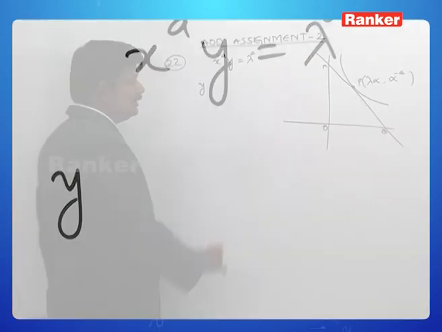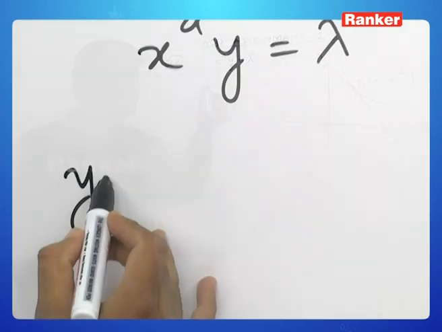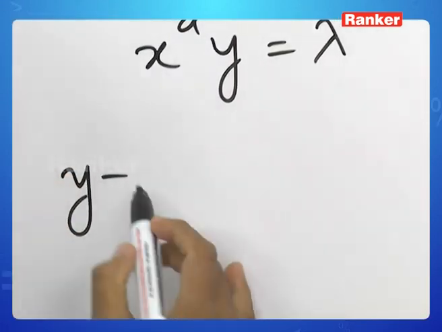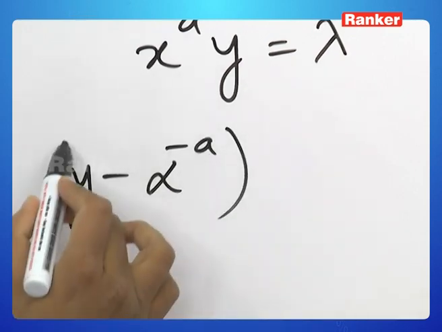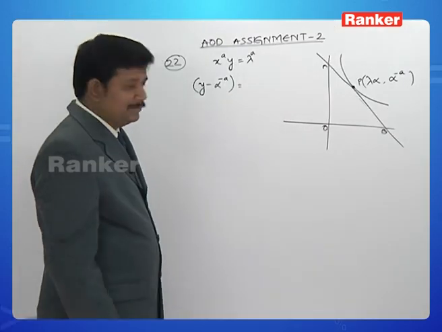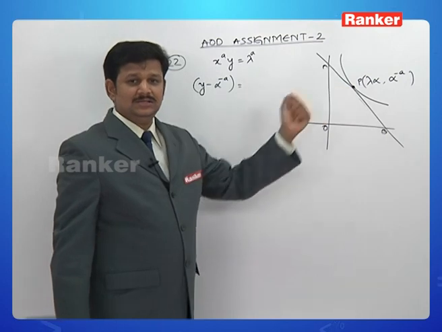The equation of the tangent at any point (x1, y1) is y minus y1, that is y minus α^(-a), equal to m, where the slope of the tangent is dy/dx at this point.